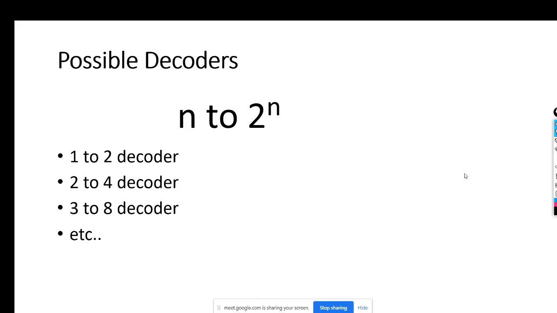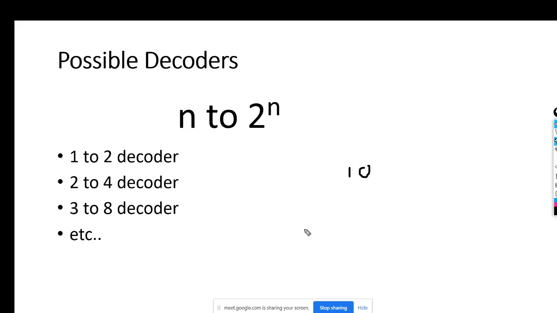Then we can identify different decoders depending on the size: 1 to 2 decoder when n equals 1, 2 to 4 decoder when n equals 2, 3 to 8 decoder when n equals 3, 4 to 16 decoder when n equals 4, etc. Like 10 to 1024, etc. And if you need something like 10, then you have no other option.